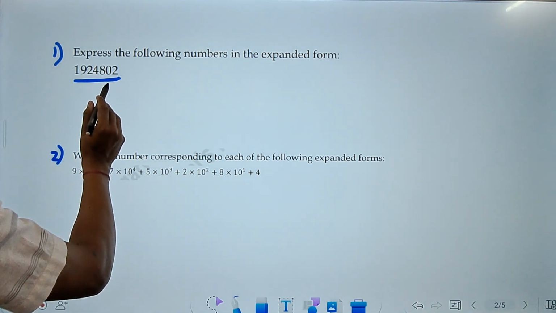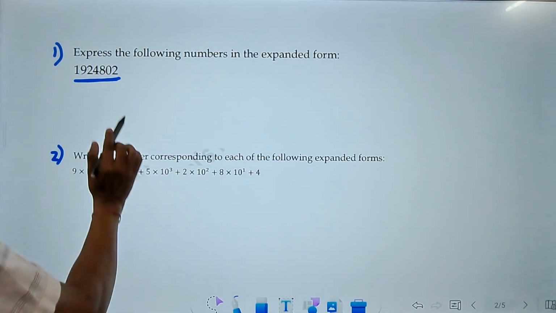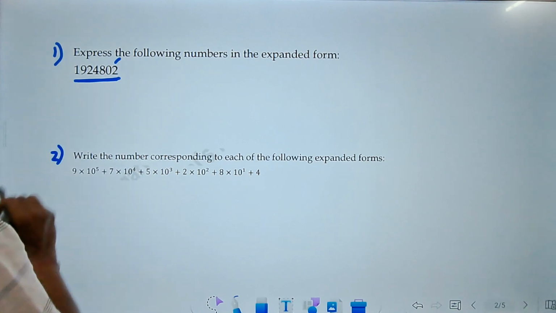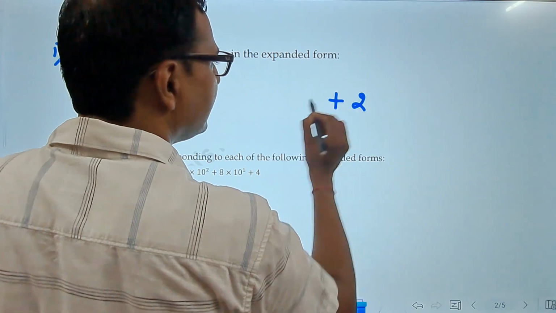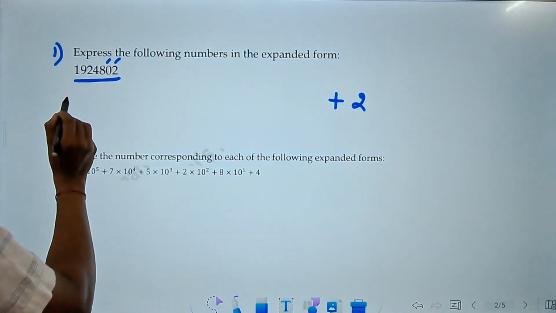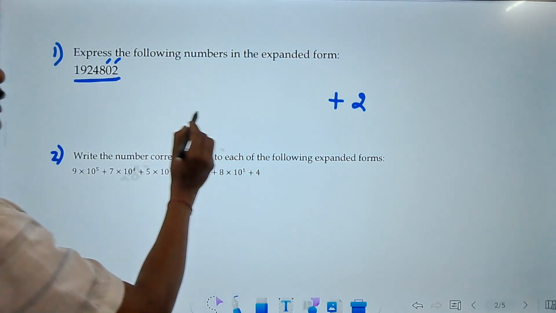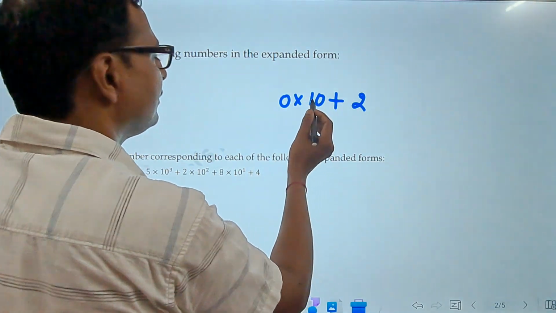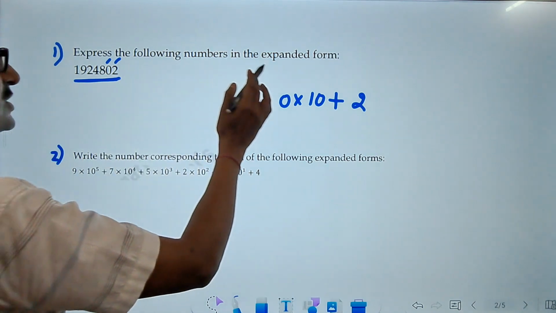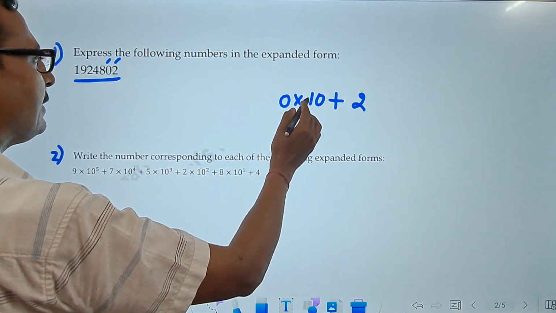So when you write the number in the expanded form, just start from the unit digit 2. So you write 2 on the right hand side plus, now this digit 0 is at the tens place, so I will be writing 0 multiplied by 10. Now because 0 is at the tens place, that is why I am writing it as 0 multiplied by 10.